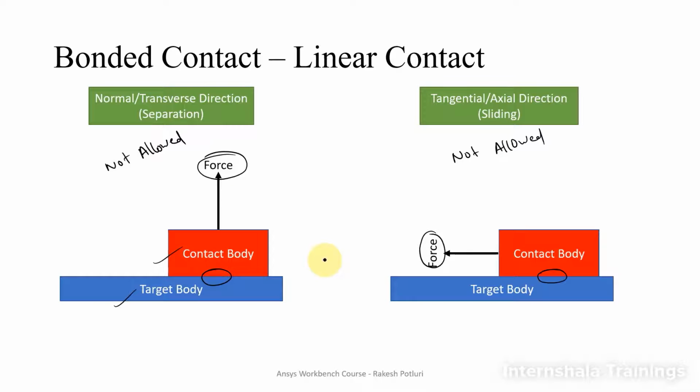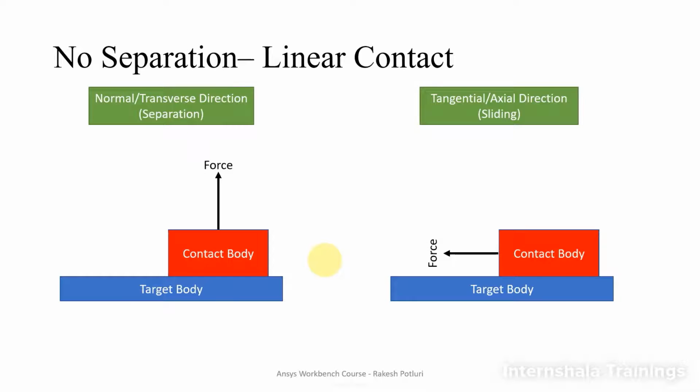Then the next type of contact we are going to see is called a no separation contact. And you can see this is also a linear contact. But what is the difference between the bonded contact and the no separation contact? See here, as the name states, no separation. That means if I apply the force in the transverse or normal direction with a no separation contact here, what will happen?